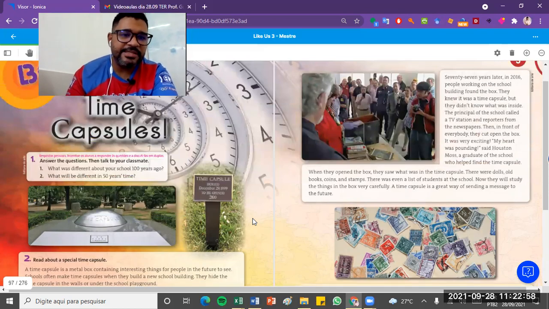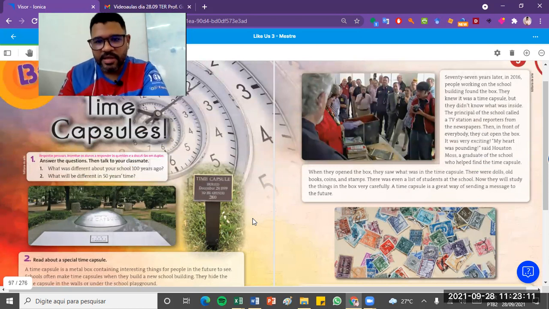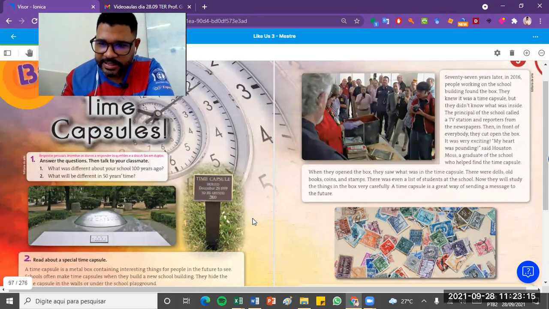E depois, 77 anos mais tarde, em 2016, os funcionários encontraram essa cápsula e chamaram jornalistas do jornal para cobrir a abertura dessa cápsula. E lá eles encontraram, veja que coisas interessantes.